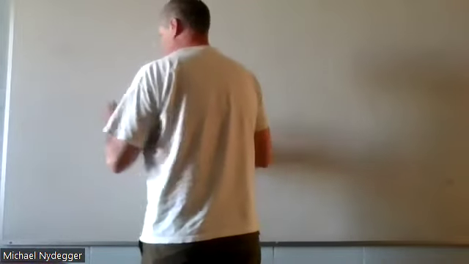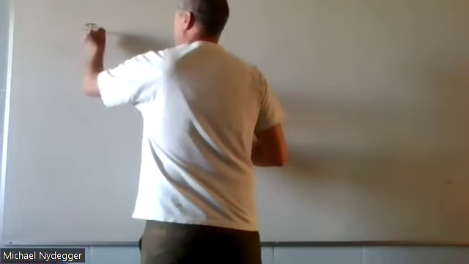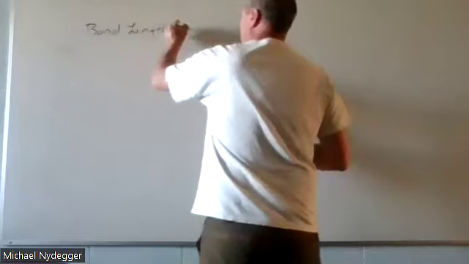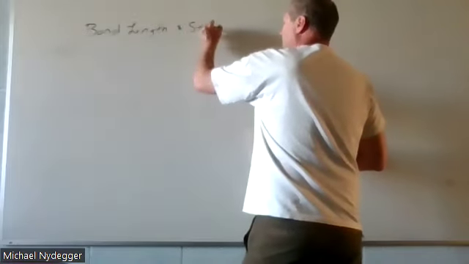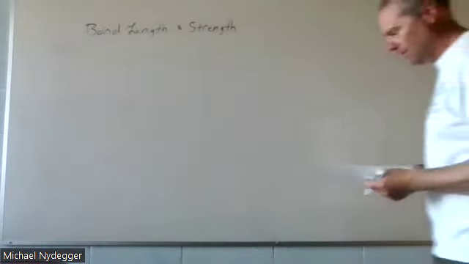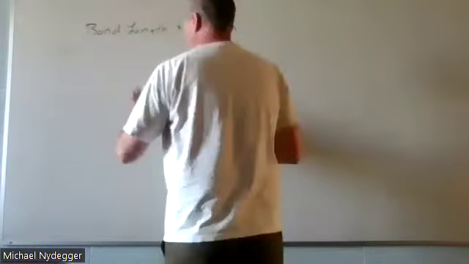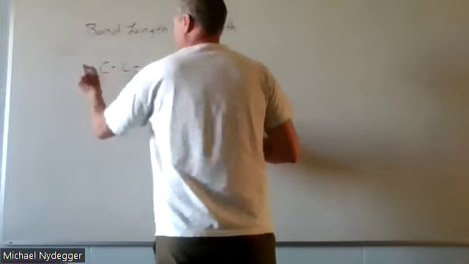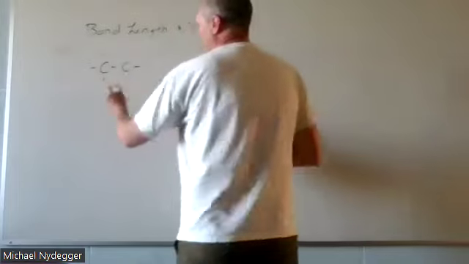All right. Now, the last thing, and we've talked about this a little bit, but not a whole lot, is bond length and bond strength. Okay? So, for example, here we have a single bond.